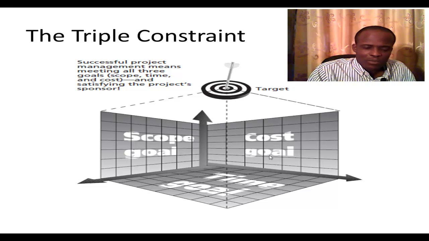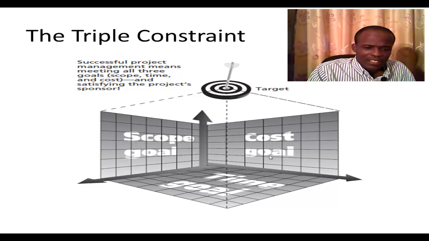So you must put in some control mechanisms as a project manager to make sure that you're within whatever cost constraint. More so if the project is a fixed price contract kind of project. We shall be looking at contracts and the like later on in the course.